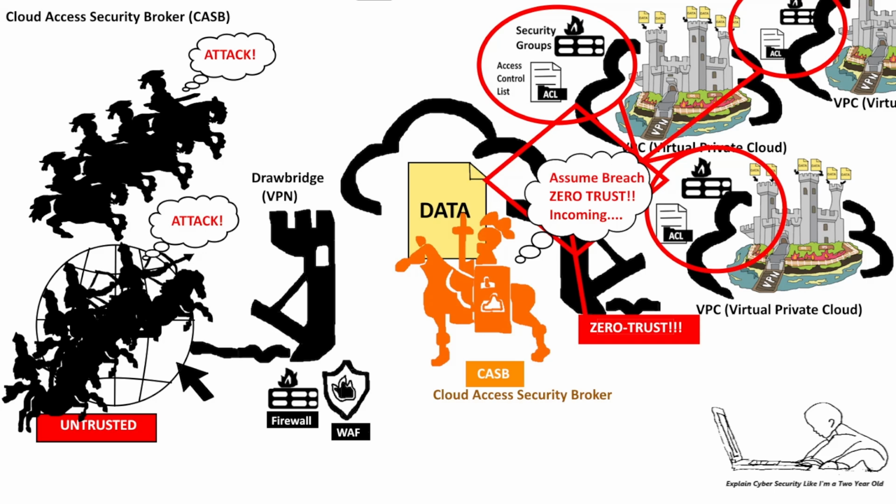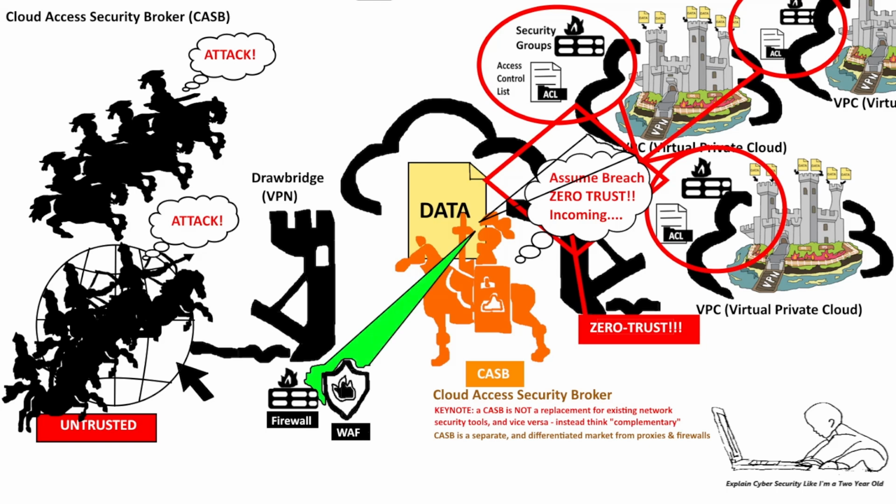And the key technical takeaway is that a cloud access security broker is not, I repeat, not a replacement for existing network security tools. In fact, it is a totally separate and differentiated market from the traditional firewalls and proxies such as WAFs. But at the same time, it complements these traditional technologies.